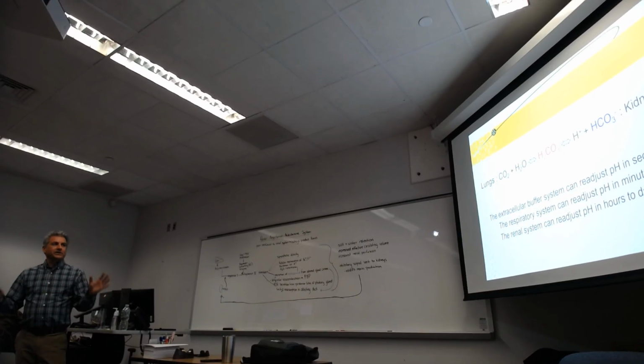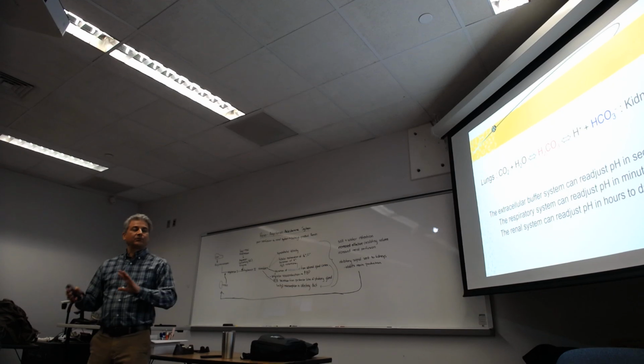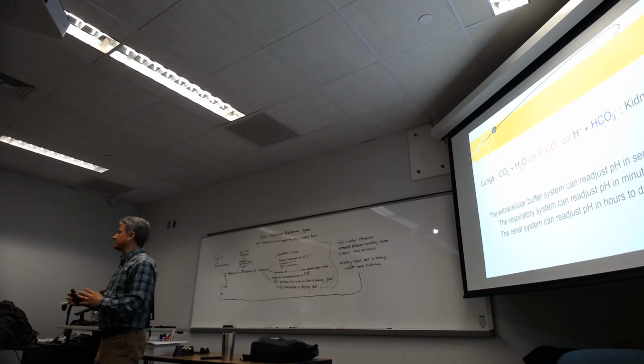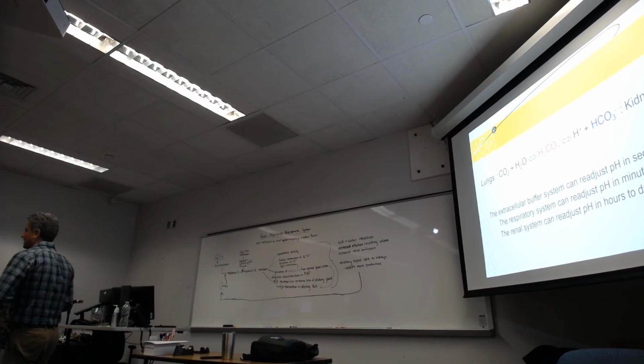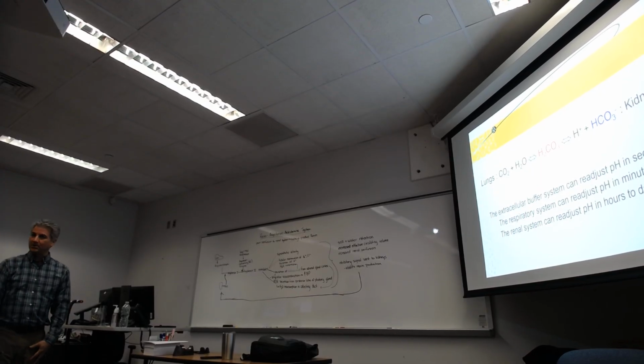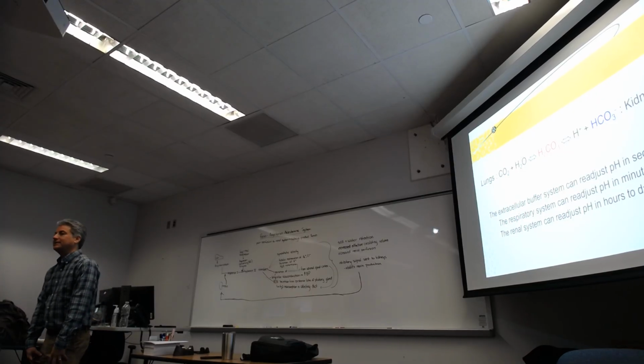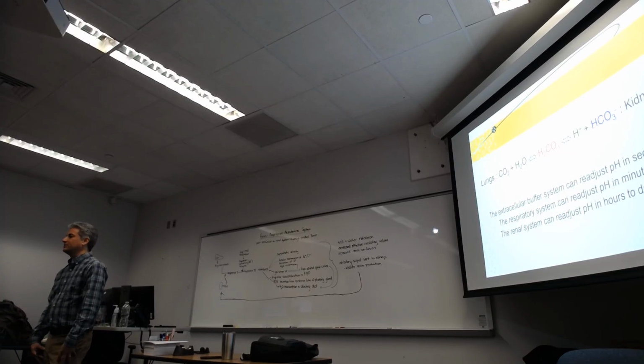So this is the extracellular buffer system. If you look at this system, it can really readjust the pH in seconds. So when you're out of shape, walking up the stairs from the parking lot into the building, and you feel the burn in your legs, right? That's acidic lactic acid in there. That's a change.